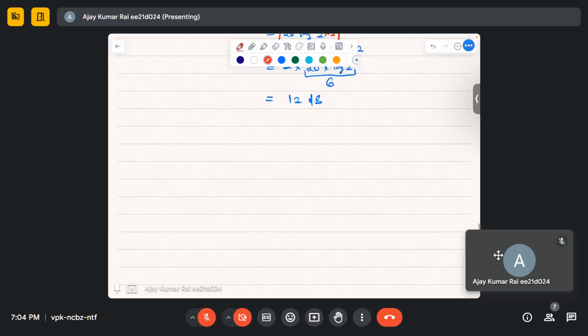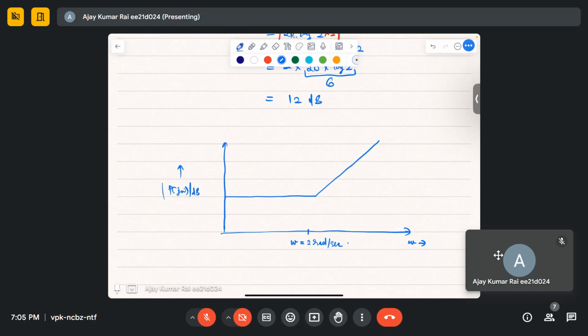So let me draw the magnitude plot also for this transfer function. It is in dB, right? So this is at omega 2 radian per second. This will be plus 20 dB per decade, and this is the corner frequency.